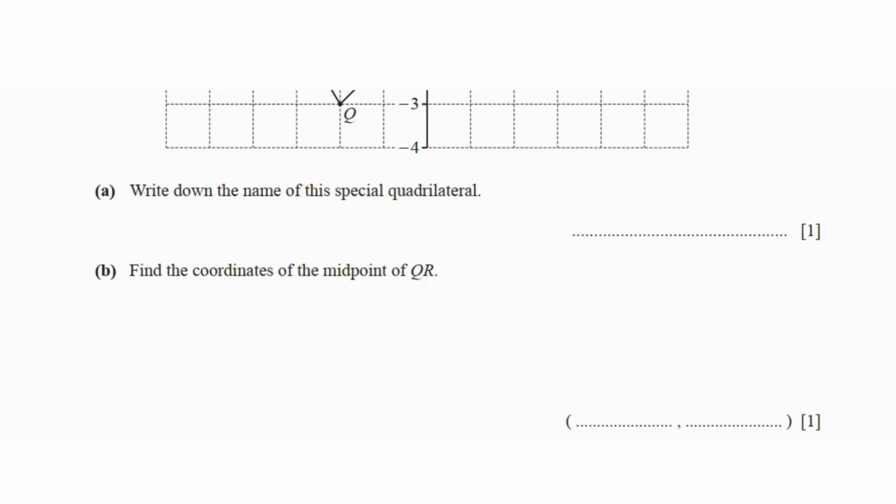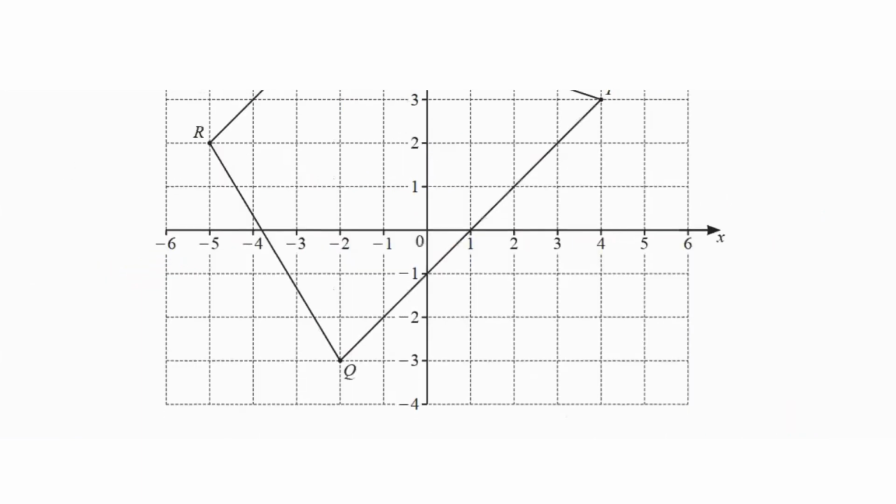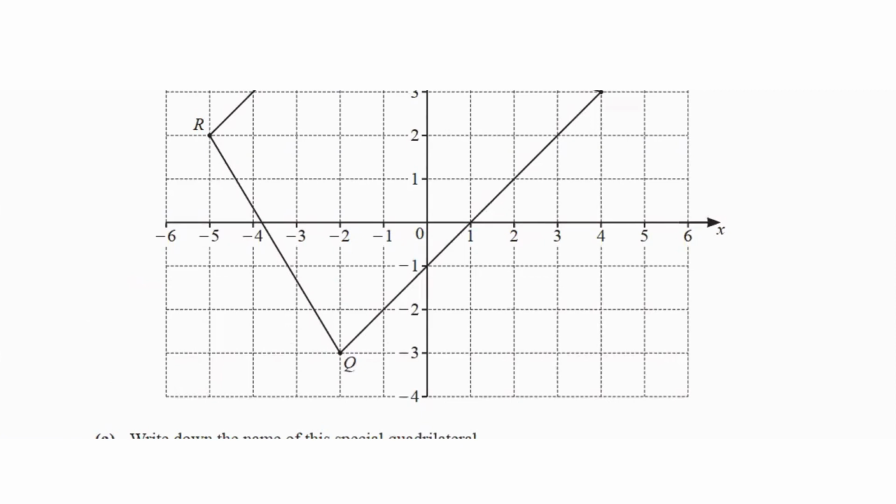And it says find the coordinates of the midpoint of QR. So for the midpoint of QR, first we need to find the coordinates of Q and R. Q is negative 2 and negative 3. And R is negative 5 and 2. So midpoint is going to be x1 plus x2 over 2, comma, y1 plus y2 over 2.